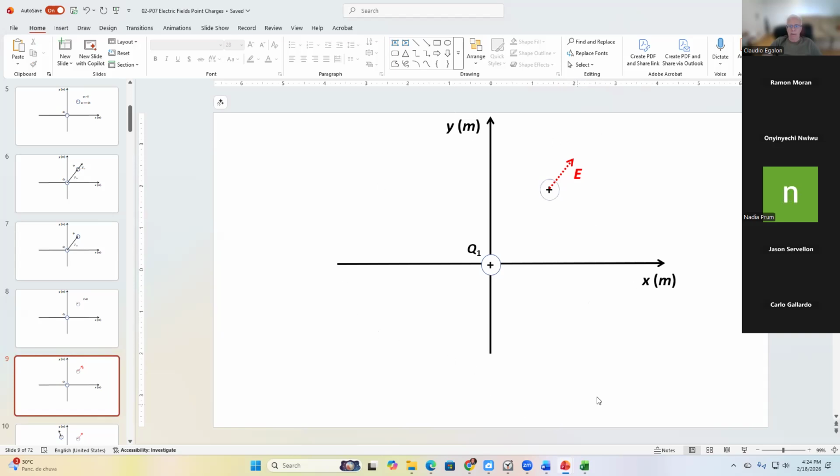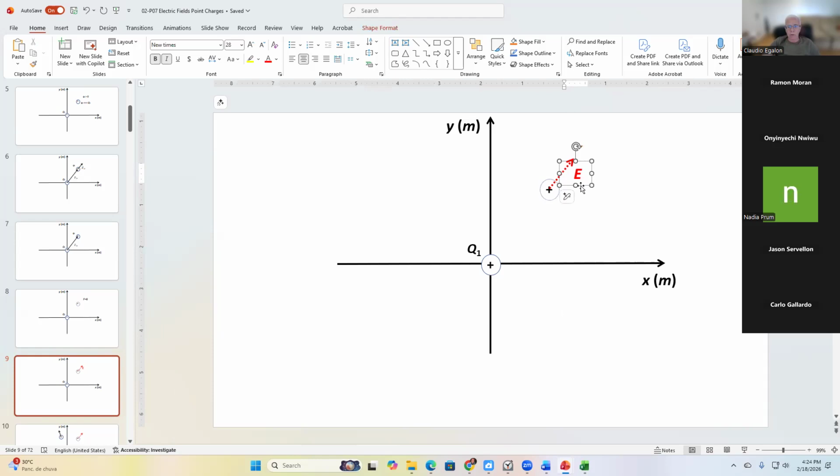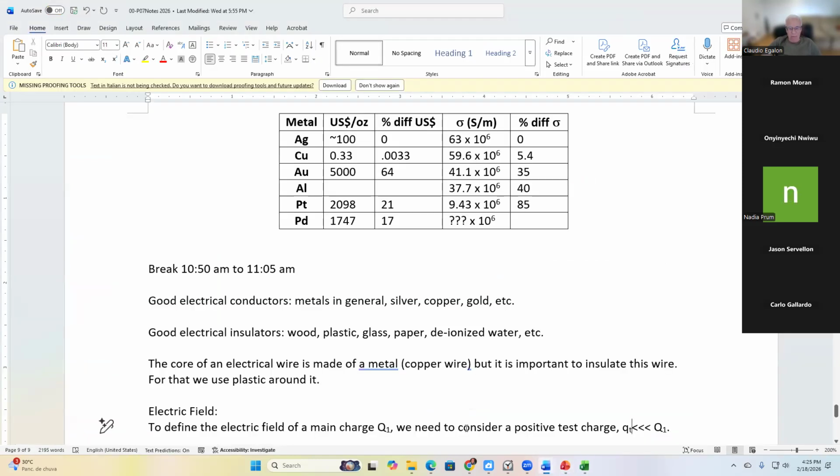in space. There is a very important correlation between the electric field and the gravitational field. We can do exactly the same thing to find the acceleration of gravity. I mentioned that to you before, right? In the previous meeting.